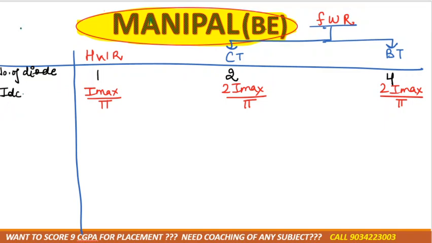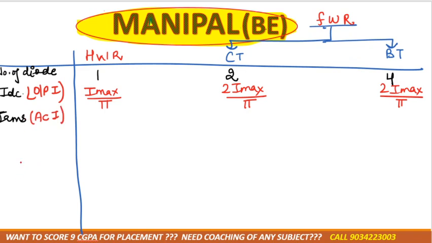Next formula which you need to remember is IRMS. RMS is the root mean square value of the current. I think that you have learned it in BEE also, right? So IDC is basically the output current which is in the DC form. IRMS is basically the AC current which is the input current.